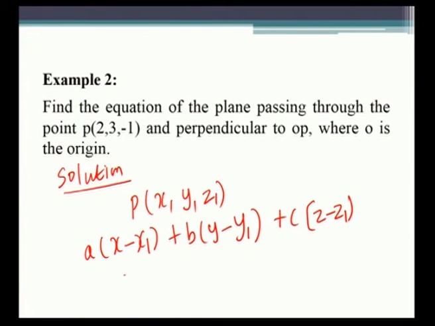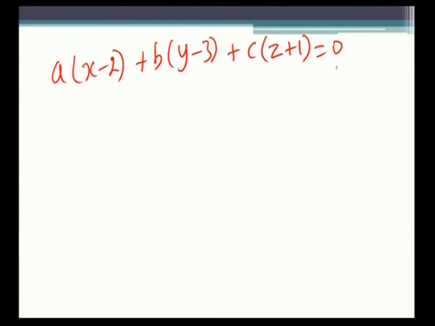Now, substitute the values of x1, y1, z1. According to the problem, x1 is equal to 2, y1 is equal to 3 and z1 is equal to -1. Substituting these values, we will get a(x - 2) + b(y - 3) + c(z + 1) is equal to 0. Keep this as equation 1.